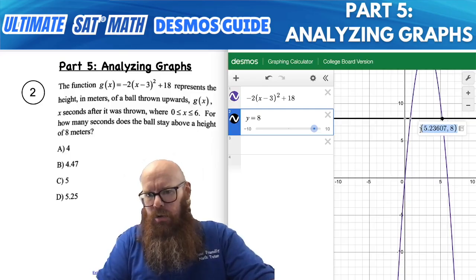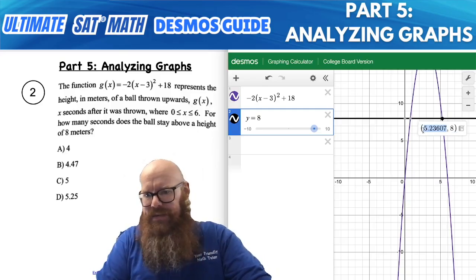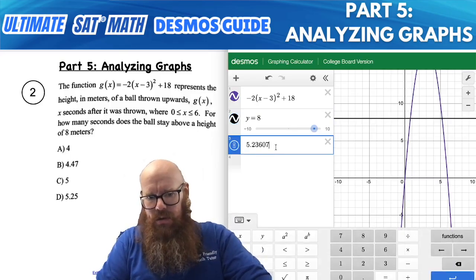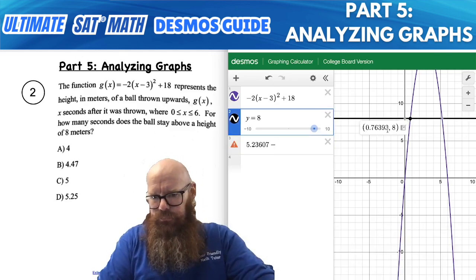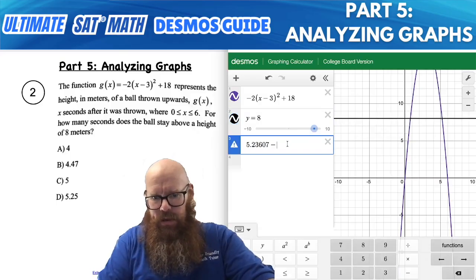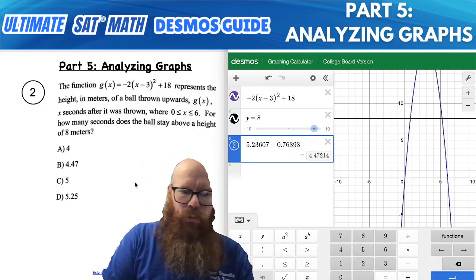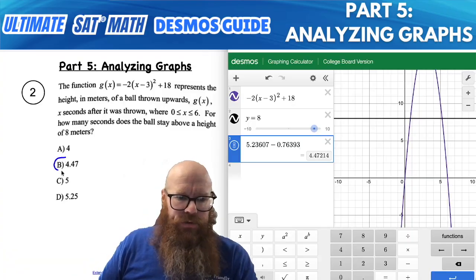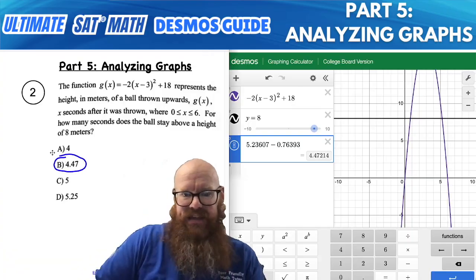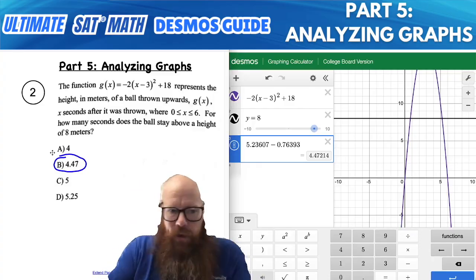You can just Command C this one, and then minus, and then do it with this one. So a little copy and paste, Command C, Command V, and you get 4.47. Or you could have just used a calculator, but just to see, you can copy and paste within Desmos, and that works fine.